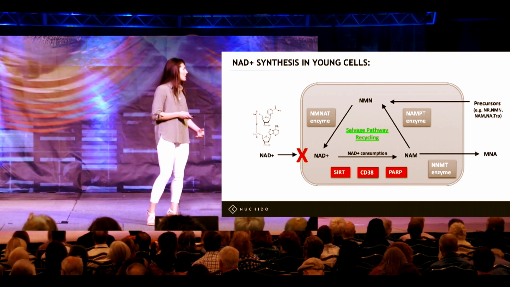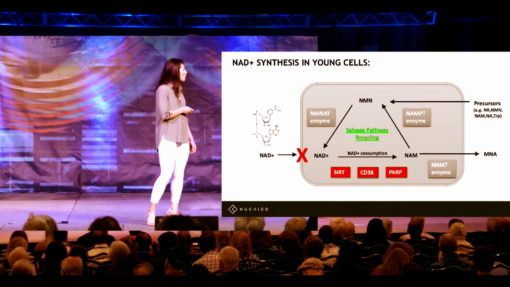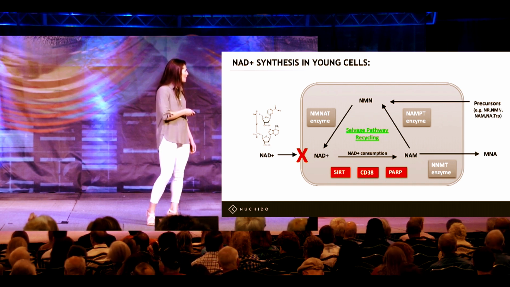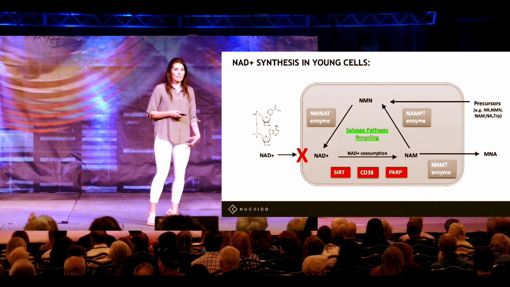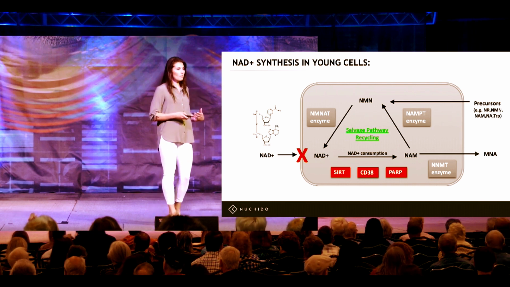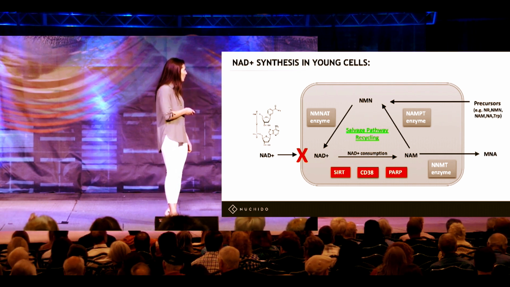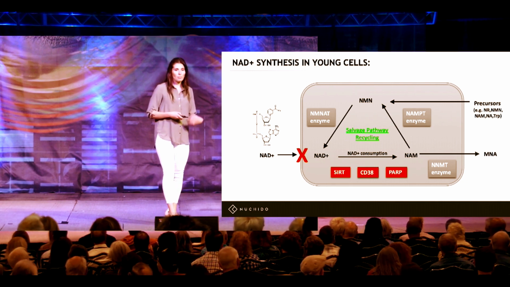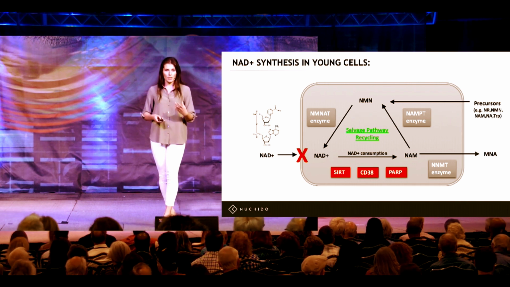So what they do is they essentially transport the raw materials or the raw ingredients that make NAD into the cell. It then enters enzymatic pathways, which then basically turn these raw materials into NAD. Once you've got the NAD in the cell, all those maintenance and repair proteins and processes start using it all up.